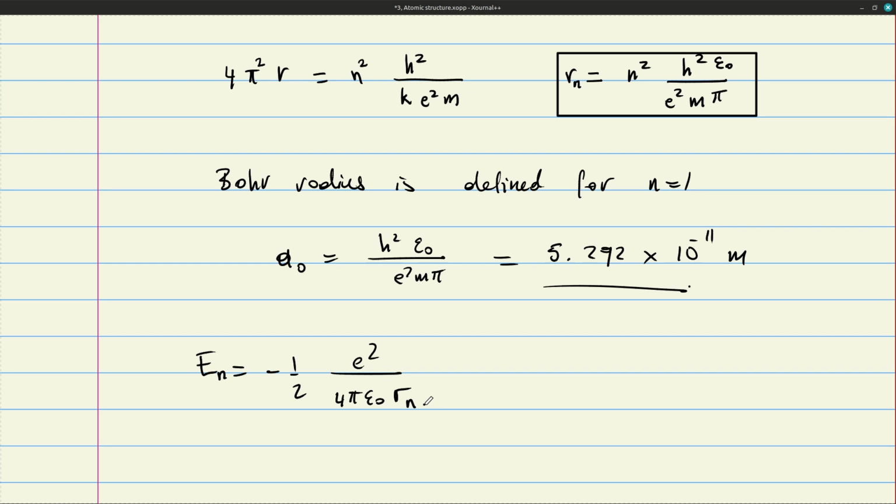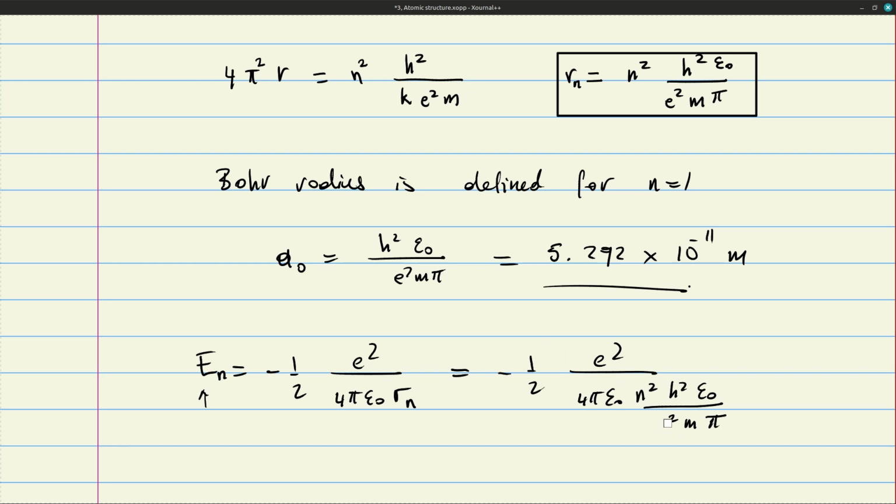Now I'm just saying that only specific r's are allowed, and these specific r's are going to give me specific energies that are allowed. And this is going to be minus a half e squared over 4 pi epsilon, and then this is n squared h squared epsilon naught divided by e squared m pi.